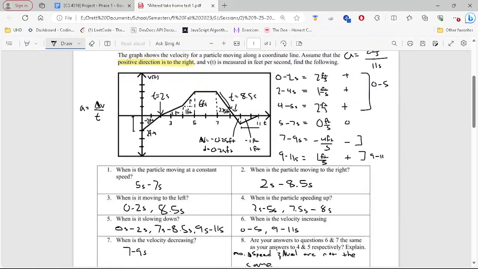It's 3 to 4, so that's 1 second. Change in time is 1 second. And the change in velocity from here to here is 0.5 feet per second. So 0.5 divided by 1 is 0.5 feet per second squared.